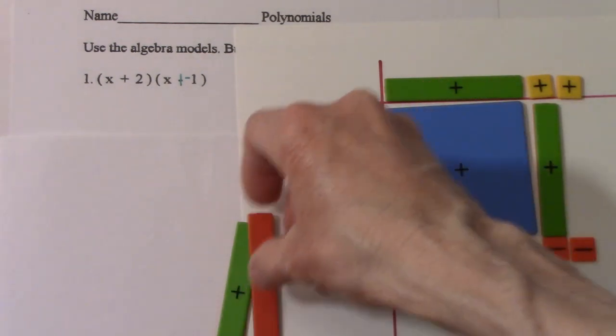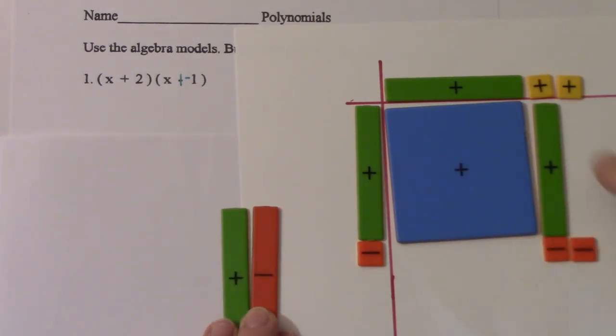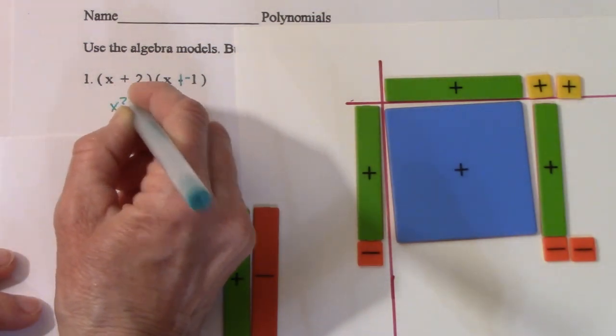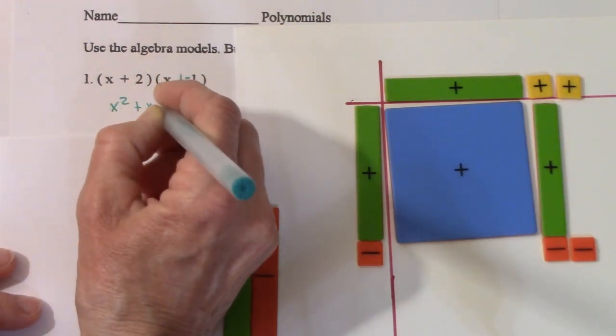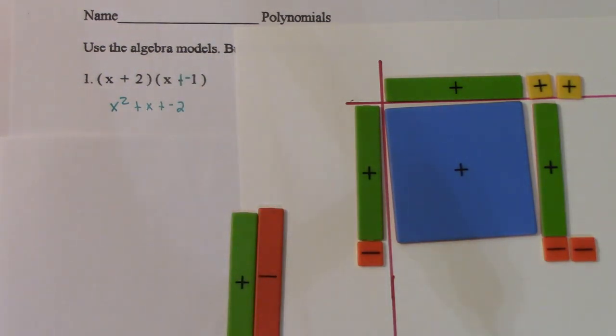But here's going to be my simplified answer, which is x squared plus x plus negative 2. So you can see that, like in the video when we're subtracting integers, that's when we had zero pairs, and that came about because we had a positive and a negative.